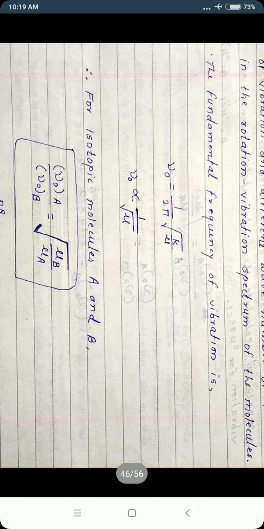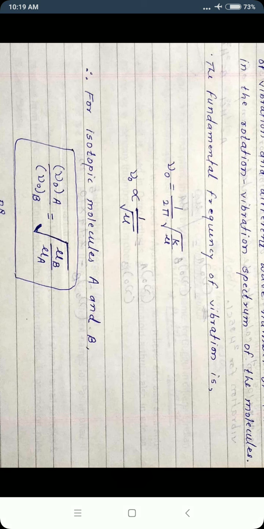Therefore, because of this inverse relation, we can write ν0A/ν0B, where A is the simple molecule and B is the molecule where the atom is replaced by its isotope.